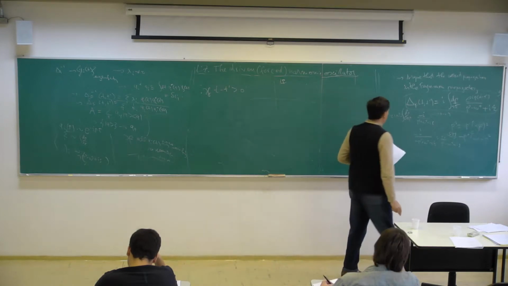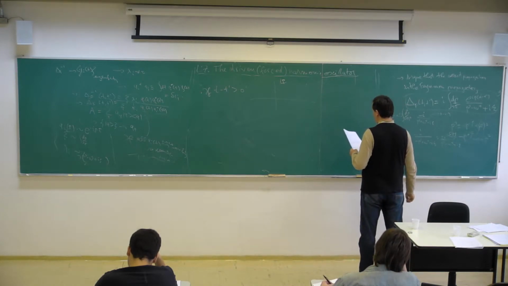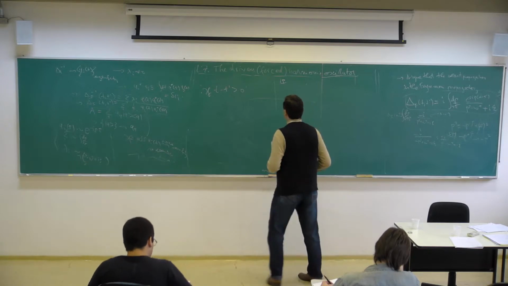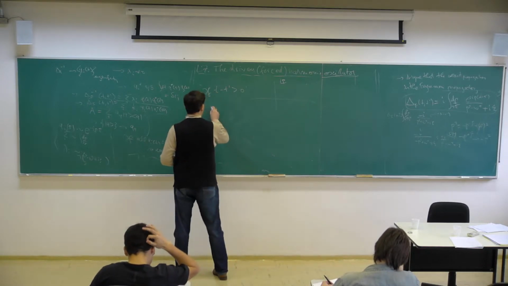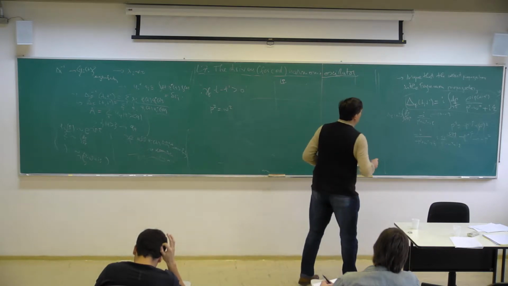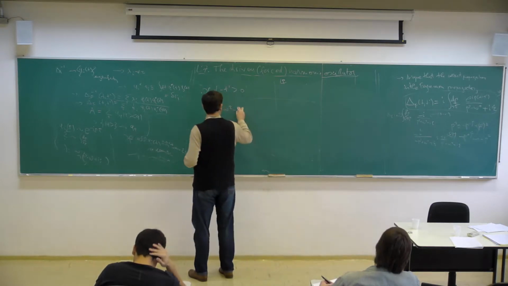So the poles are at p squared equal to omega squared minus i epsilon.